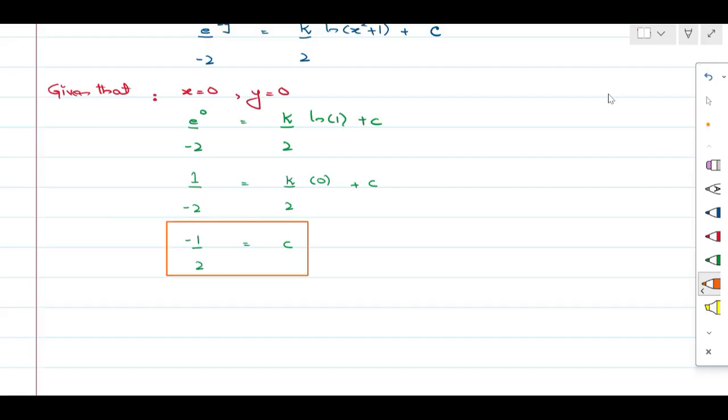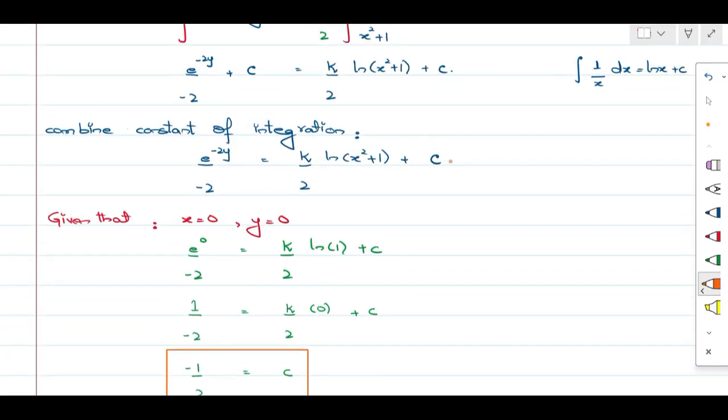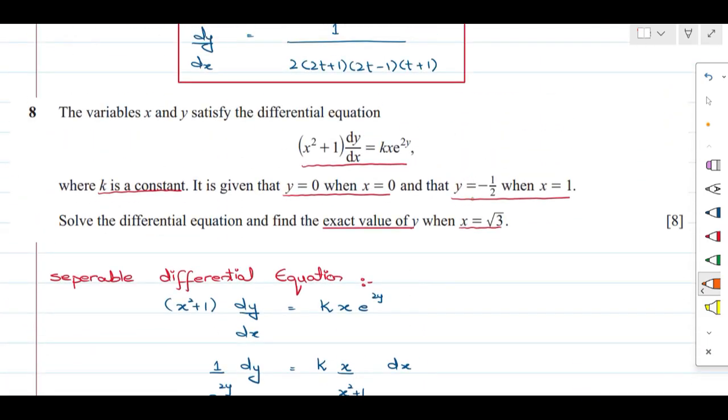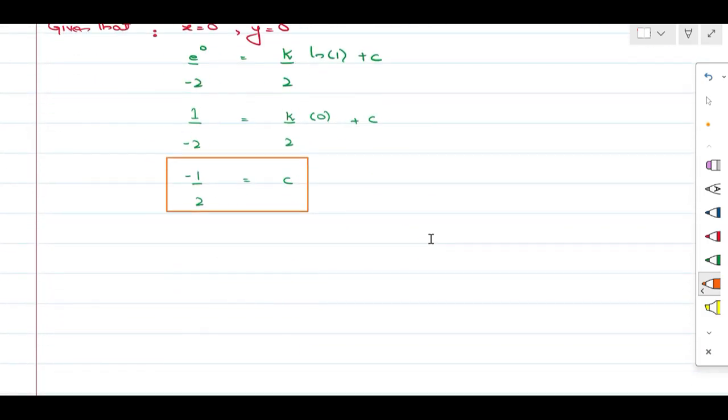Okay, now let me substitute the c value, which is negative 1 by 2. Use the second condition: when x equals 1, y is minus 1 by 2. Okay, so given that x equals 1, the y value is negative 1 by 2.